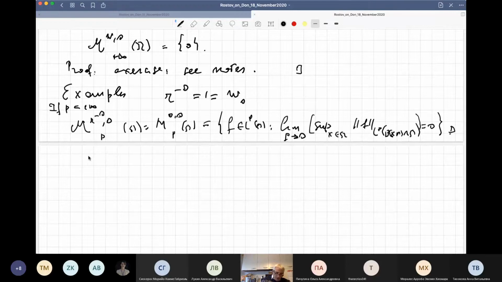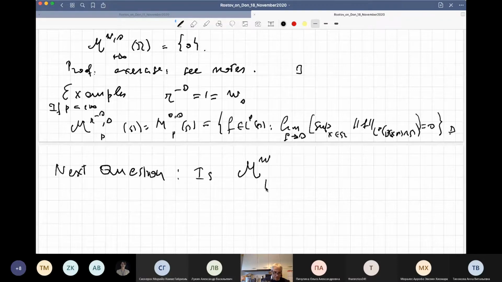And the next question is whether the Morrey space MW P omega is included in L infinity.